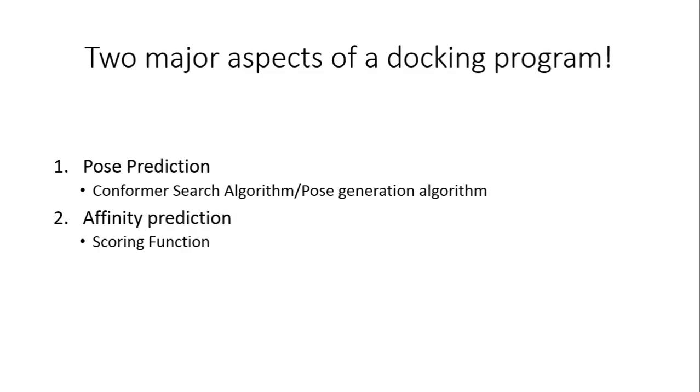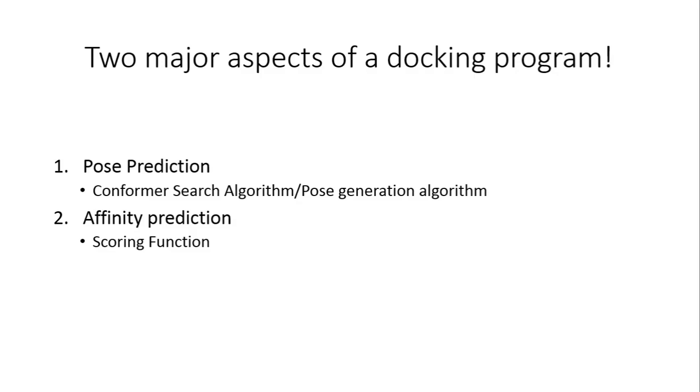Okay, so now there are two major aspects of a docking program. What we call pose prediction is performed by a specific set of commands, what we call the conformer search algorithm or pose generation algorithm.